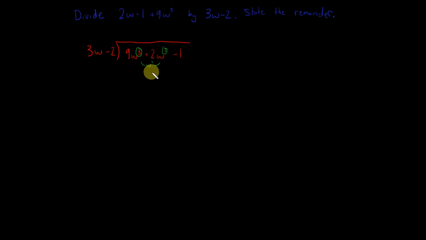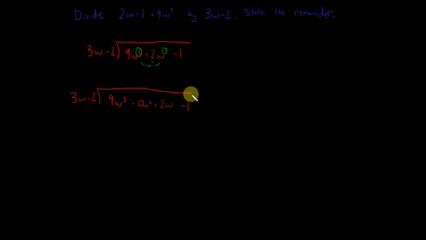We can't just add in a w squared, so we're going to add in 0w squared. So to start this one, you would write 3w minus 2 divided by 9w cubed plus 0w squared plus 2w minus 1.